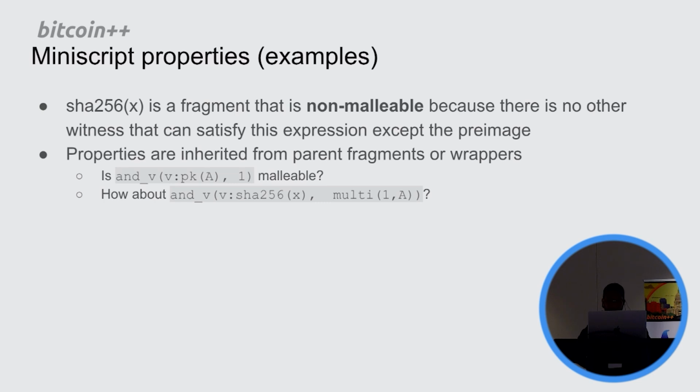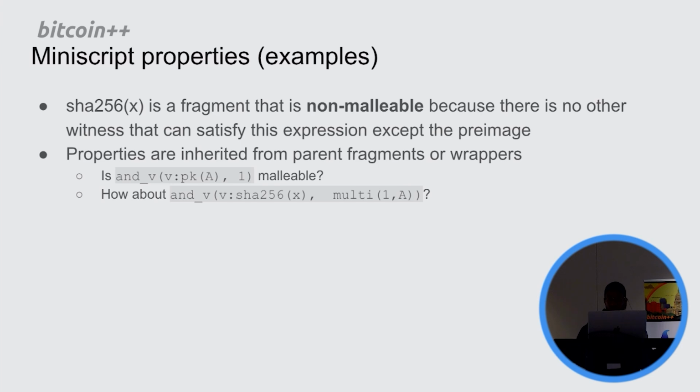So here are some examples. SHA-256, this fragment is non-malleable because there's no other witness that can satisfy this expression except the preimage, at least with the assumption that we can't find collisions easily in SHA-256. So the properties are inherited from parent fragments or wrappers. Some questions we could ask is, is this malleable? This has a verify on the public key A, and if you're able to satisfy the signature, then you're okay.